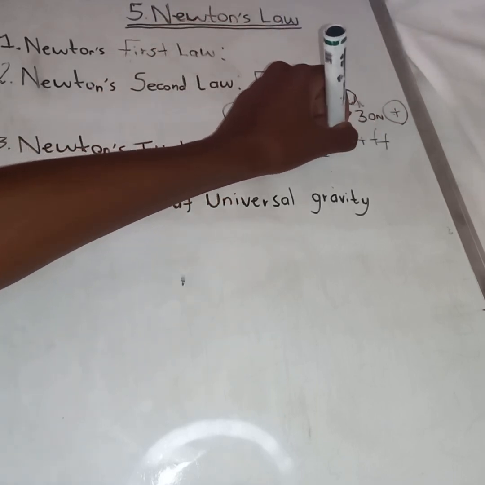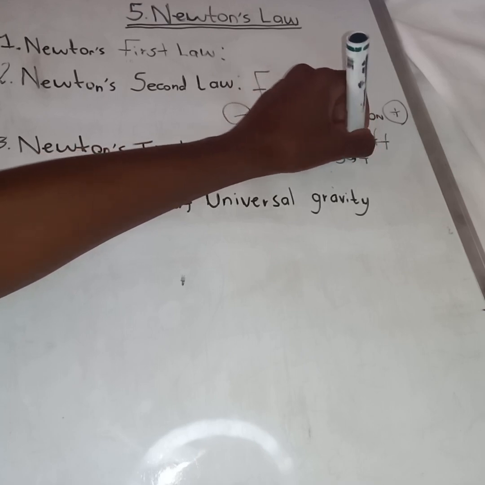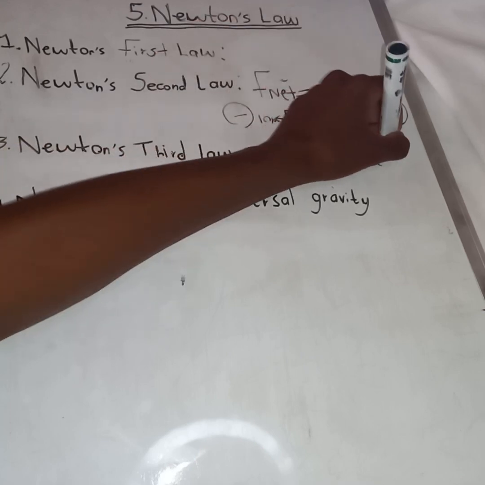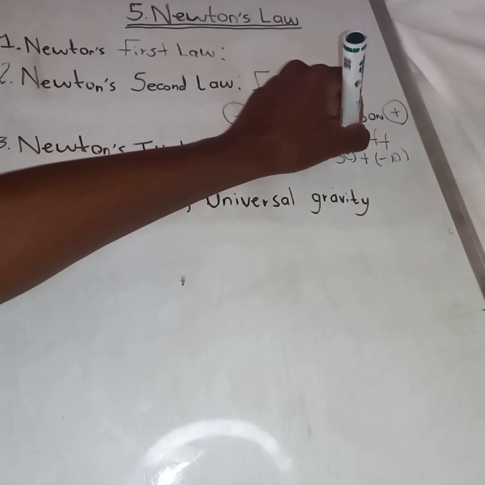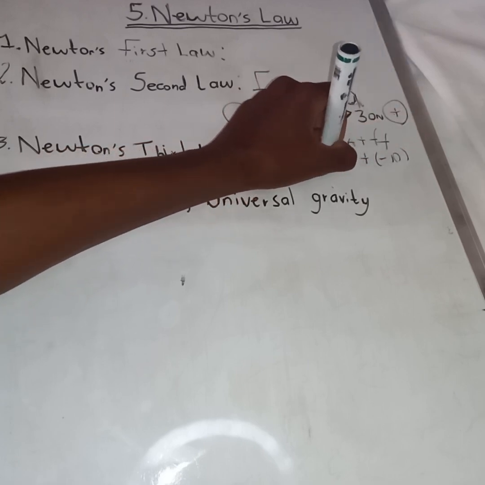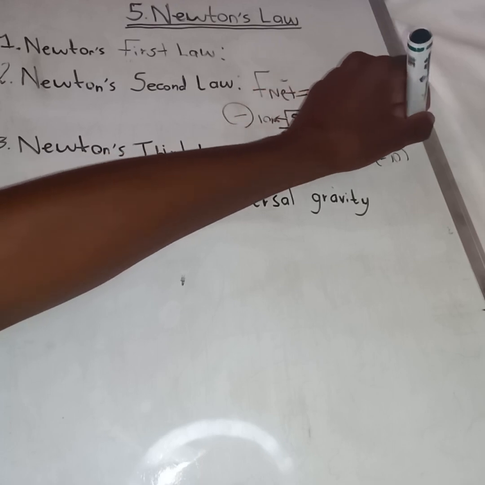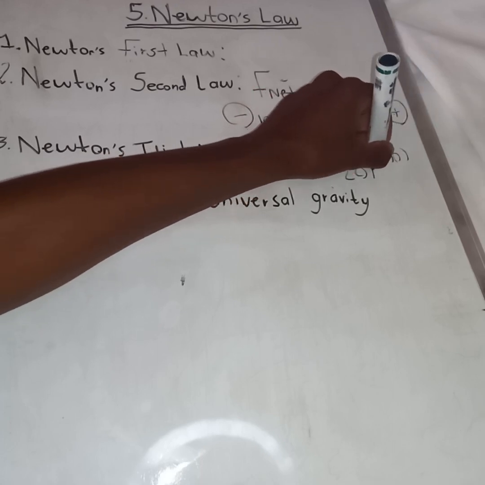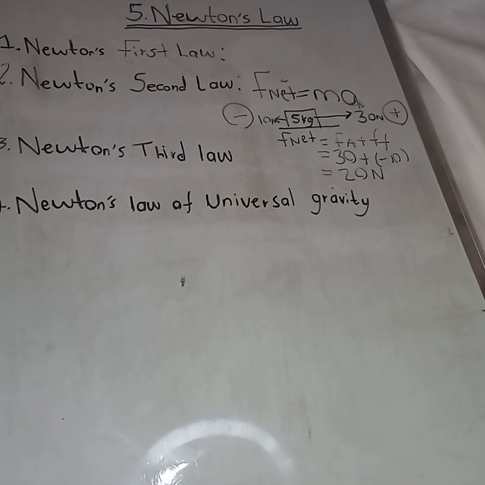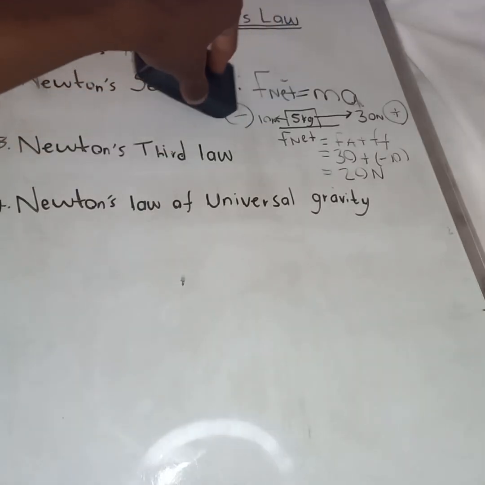So F applied is positive 30 plus frictional force negative 10. Positive times negative is negative, so 30 minus 10 is 20 Newton. This is how you calculate net force.